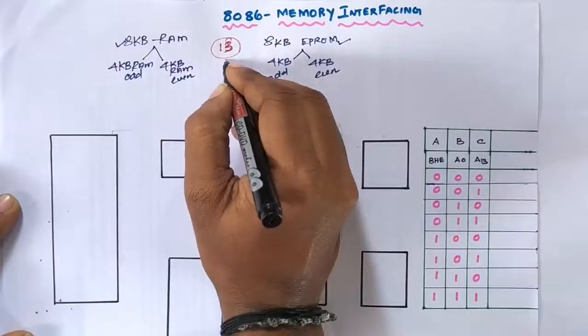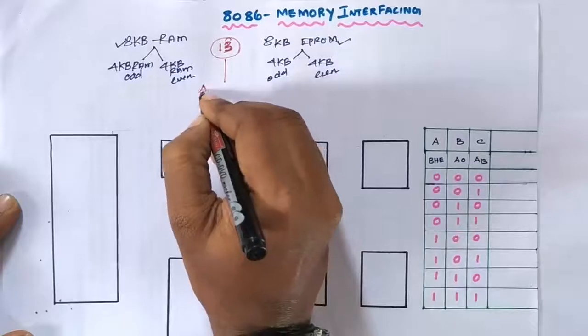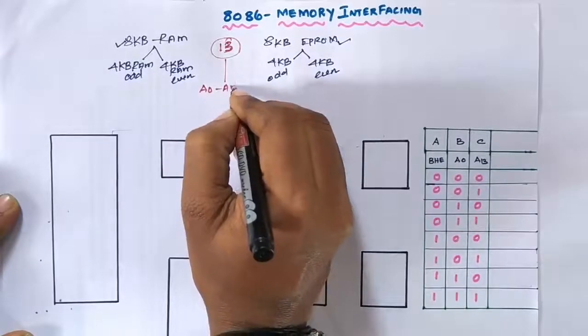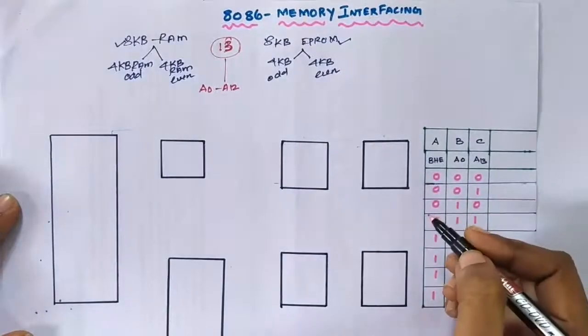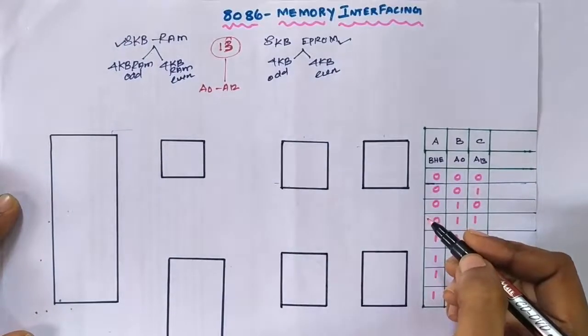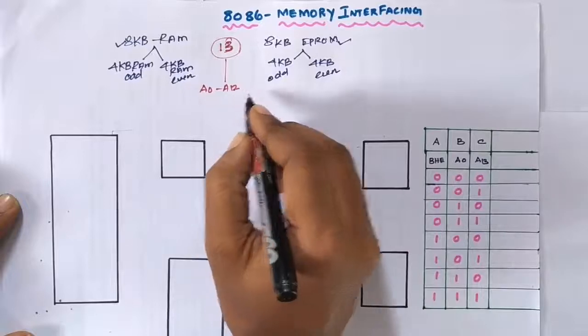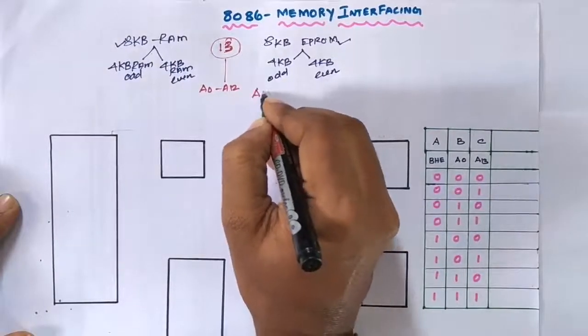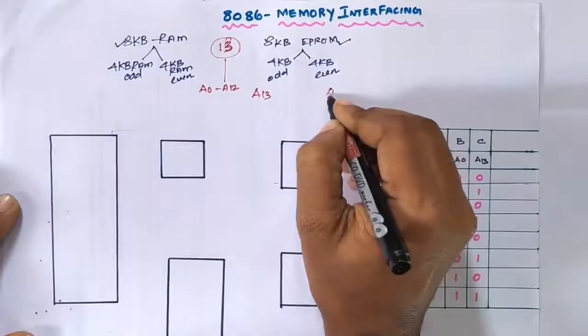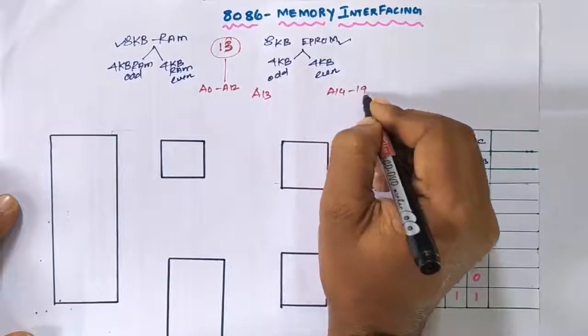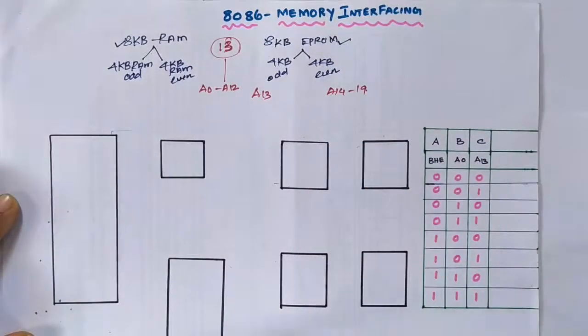So we need to share the A0 to A12 memory address lines to interface the 8 KB RAM and ROM memory. Apart from A0 to A12, the A13 and A14 to A19 address lines are available.